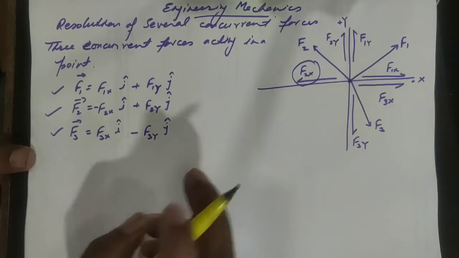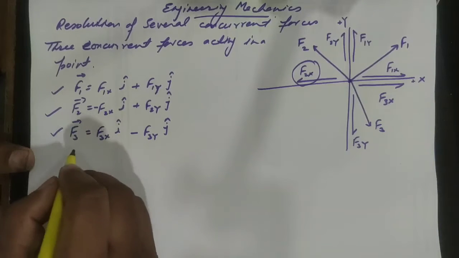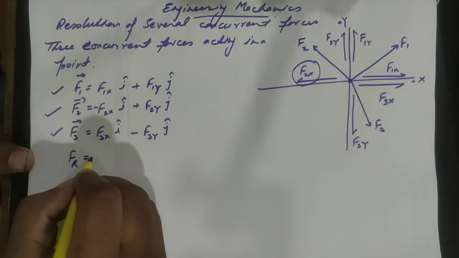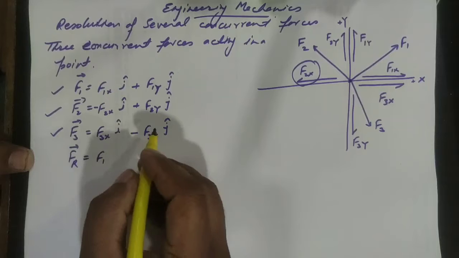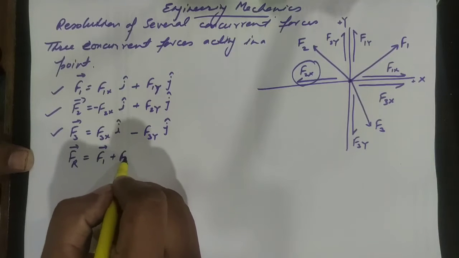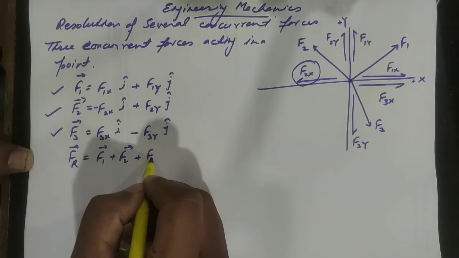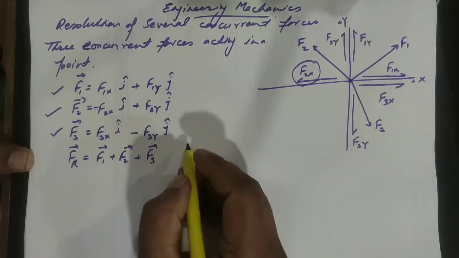If we want to calculate the resultant force of these forces, then we can write vector Fr is equal to force F1 plus force F2 plus force F3 in vector form.